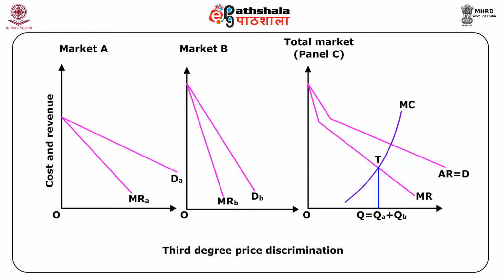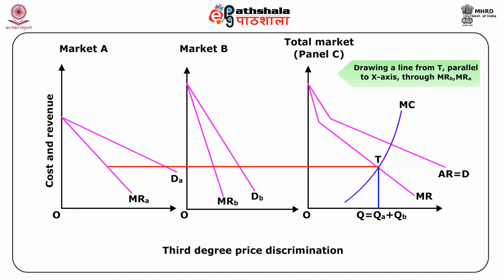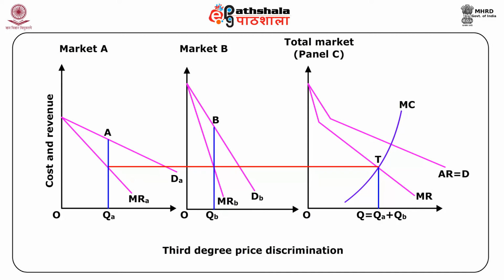The profit maximizing output for each market can be obtained by drawing a line from point T parallel to the x-axis through MRB and MRA. The points of intersection on curves MRA and MRB determine the optimum share for each market. The monopolist maximizes profit in market A by selling OQA units at price AQA and by selling OQB units in market B at price BQB.